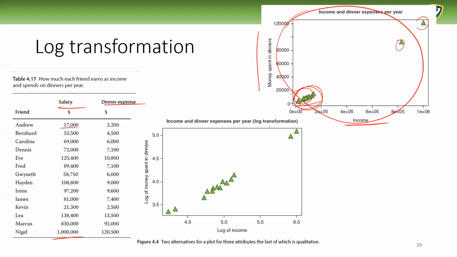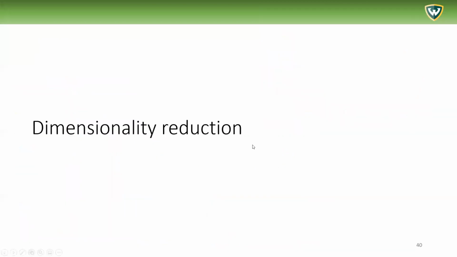Now, if you apply a log transformation, log 10 or any kind of log, you can extend that a little so it's easier to visualize and sometimes also better to calculate. You take the log of income and the log of money spent on dinners, and you stretch out that skewedness and better see the relationship between variables. Next, we're going to be talking about dimensionality reduction.